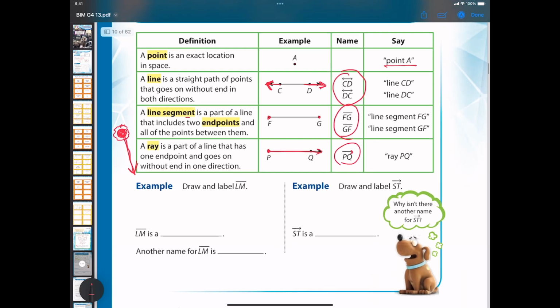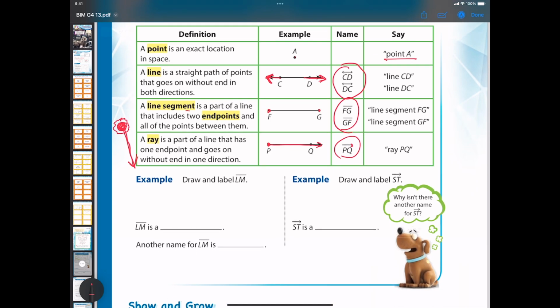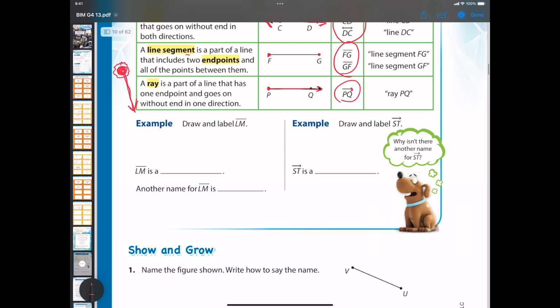Now let's do the example. All right, so here, draw and label a line segment. You see that? This is line segment LM. So line segment LM is a what? Line segment.